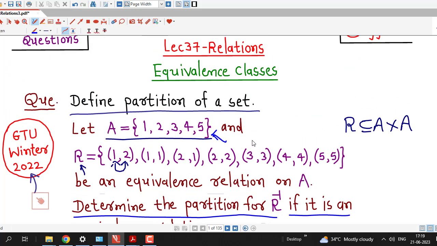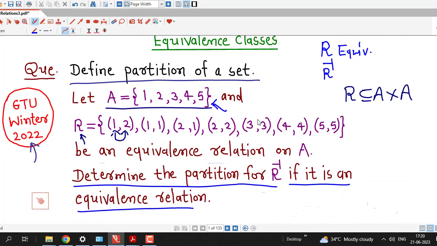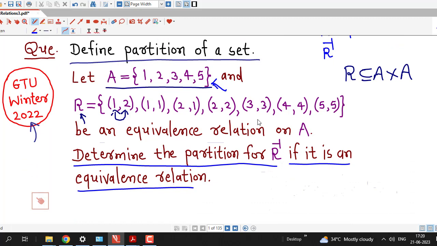Now if you recall, in lecture number 36 on relations, we have proved that if R is an equivalence relation on a set A, then R inverse is also an equivalence relation on the same set. Therefore we can talk about partition corresponding to R inverse also.